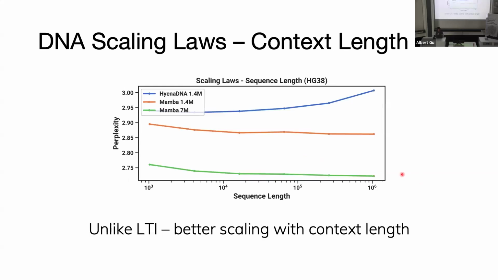And as I promised, you can do really interesting things with these models, such as look at how they scale with sequence length. Here, if you make your context length bigger and bigger, even while controlling for compute, these Mamba models actually get better. Here it's just measuring perplexity. It is getting better with longer sequences, even though the compute is still matched.